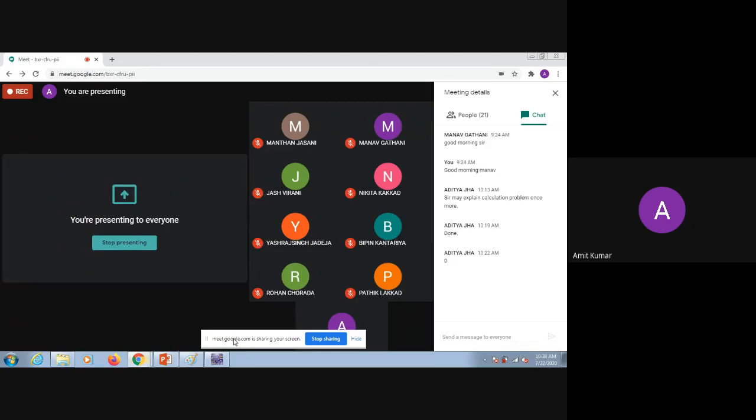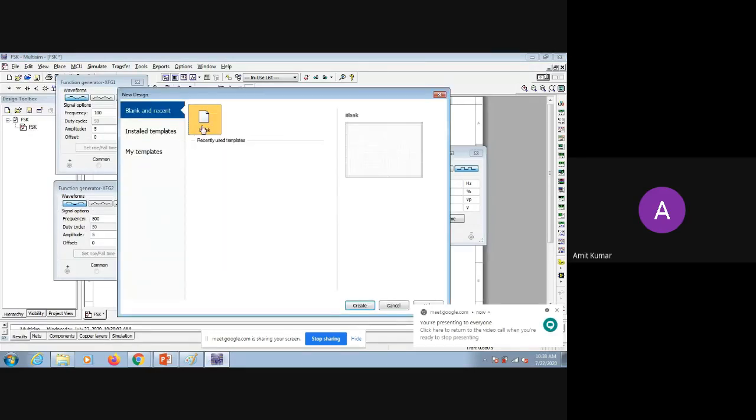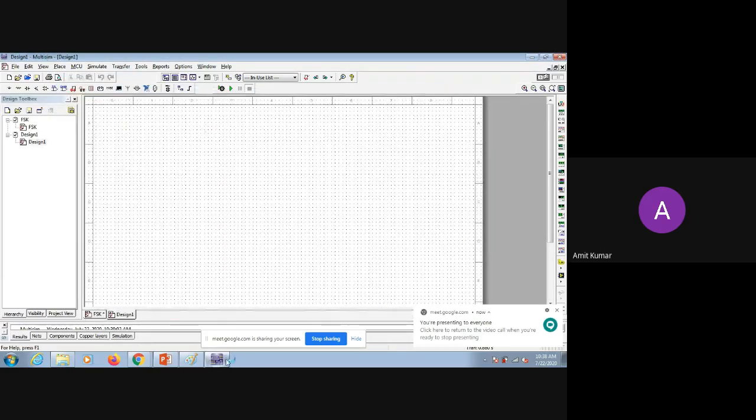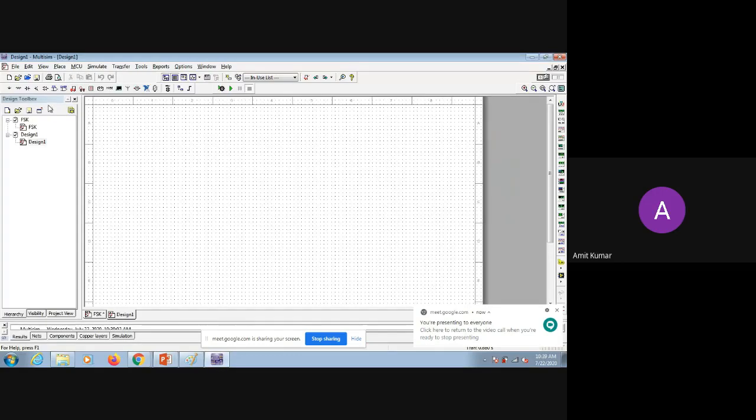Okay, so we start implementing that block diagram. We have two multipliers, one inverter, and one summing point. So we will have two multiplier circuits.